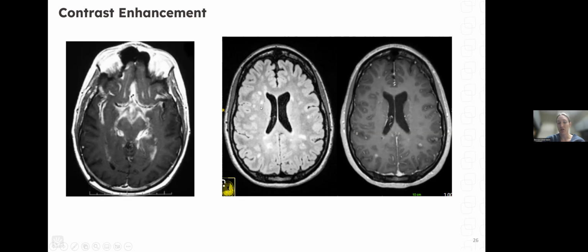So then you get your T1 contrast enhancement, looking for if there's any disruptions in the blood-brain barrier or in those cells. And you can see that there are indeed a couple hyperintense lesions here, which are active. So the majority of them are chronic, but these ones are active, so therefore it may warrant your treatment. That is how you can use contrast enhancement.